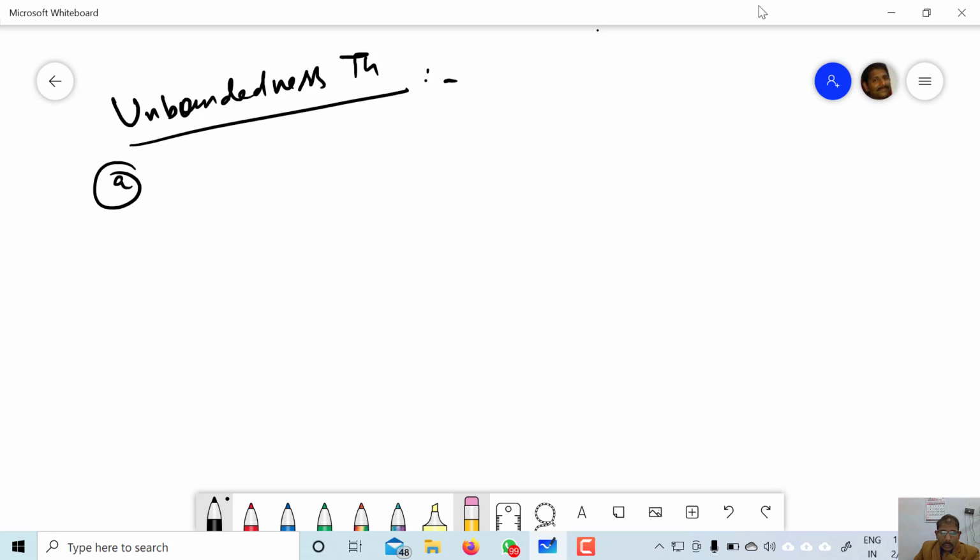So I am writing this theorem, because if you want to prove a theorem, first of all you have to understand what is the actual statement of the theorem.